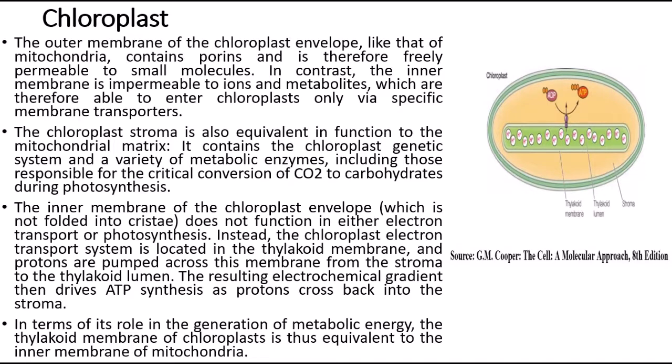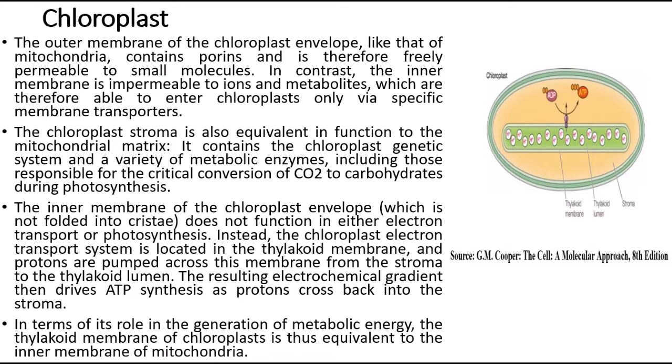The chloroplast stroma is also equivalent in function to the mitochondrial matrix. It contains the chloroplast genetic system and a variety of metabolic enzymes, including those responsible for the critical conversion of carbon dioxide to carbohydrates during photosynthesis.